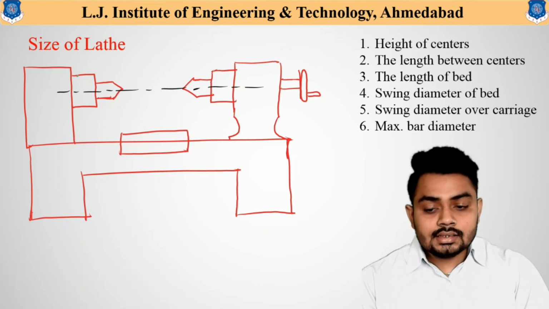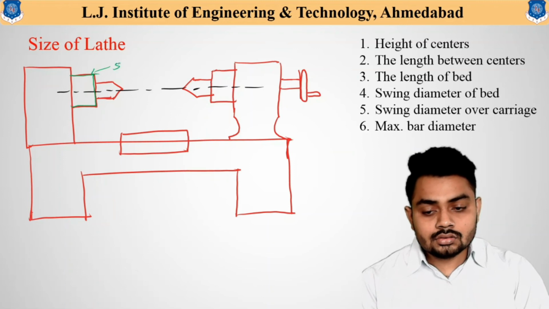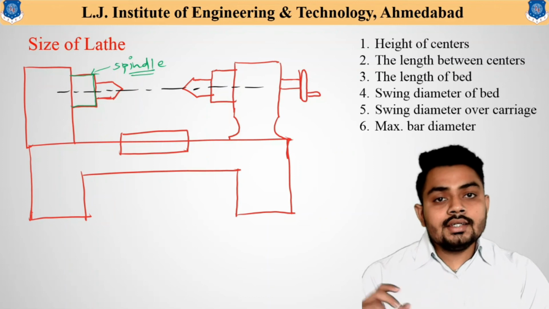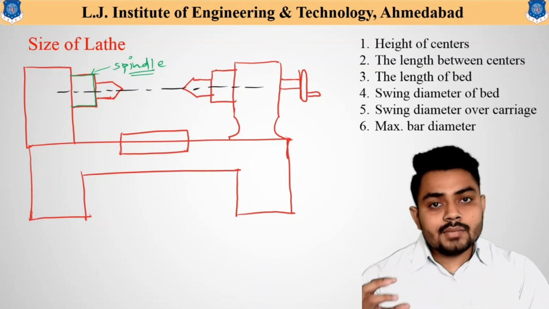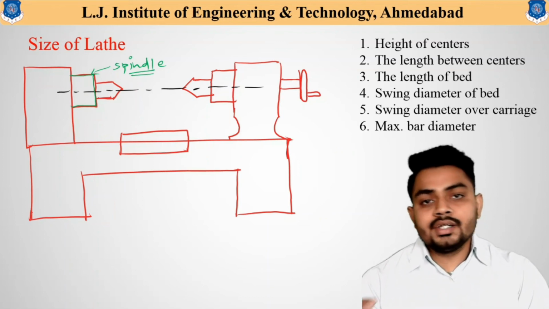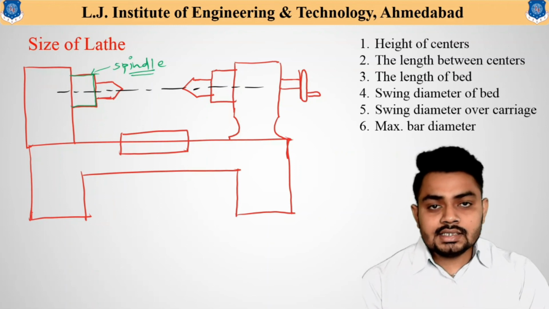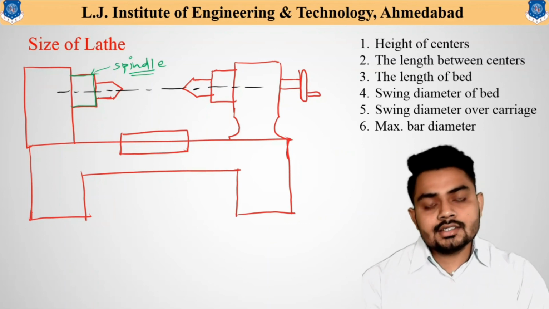this is the spindle, and in this hollow spindle there is an internal diameter available. Based on what the internal diameter of the spindle is, the diameter of the workpiece can be fixed in that spindle.